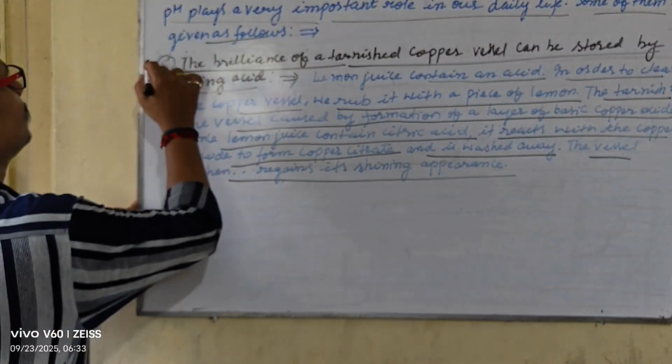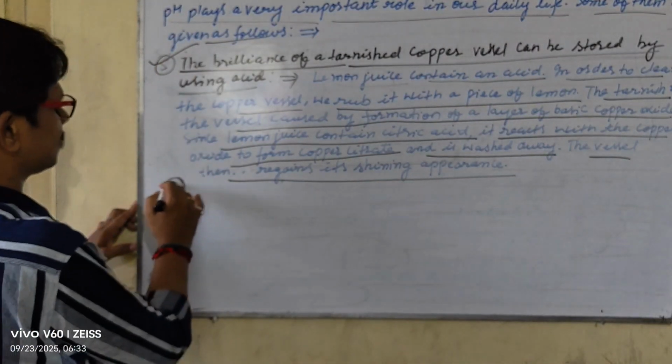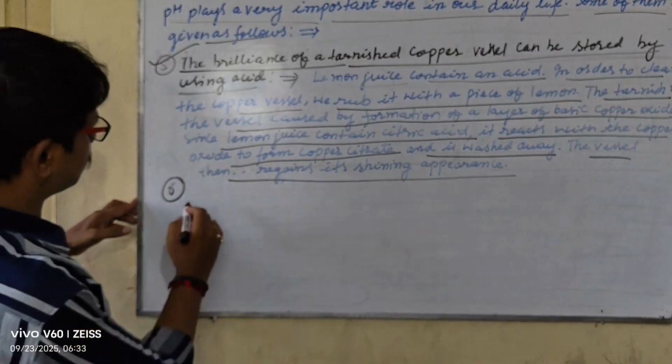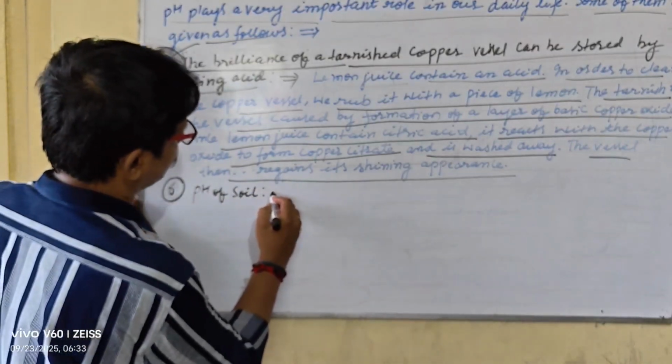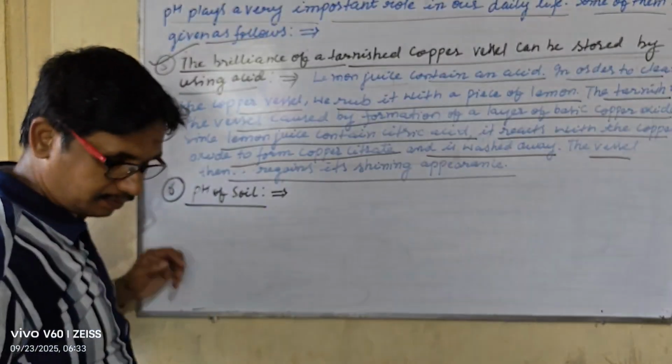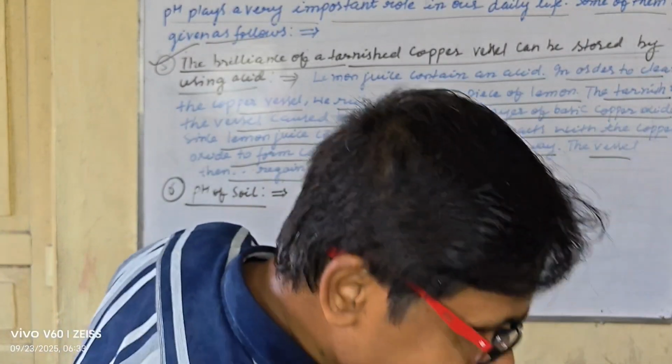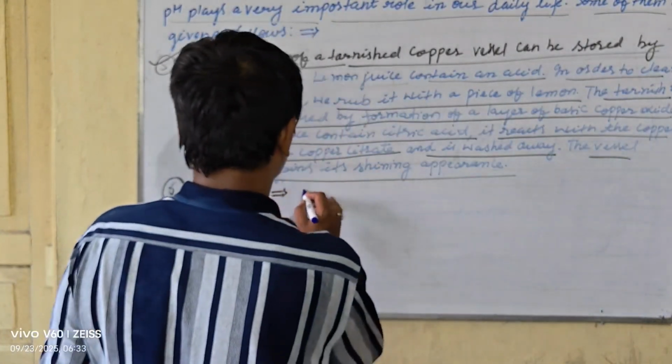Next one is the last, not the least, number 6: pH of soil. It is also important for the pH of soil.